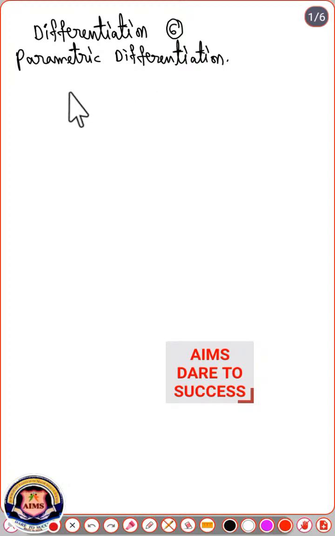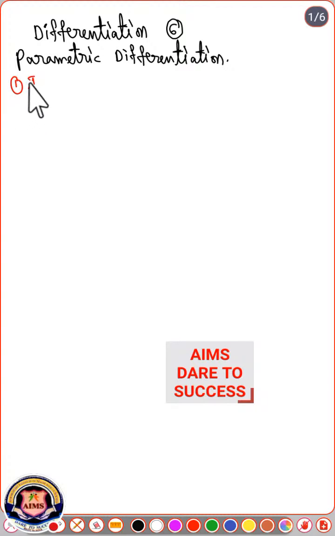Parametric means we are having x value and y value related to theta or t, like that different values can be given. So if you do the first problem, you can understand easily.